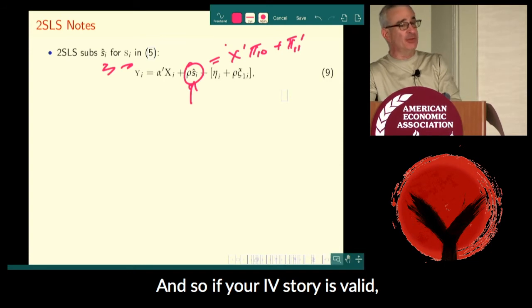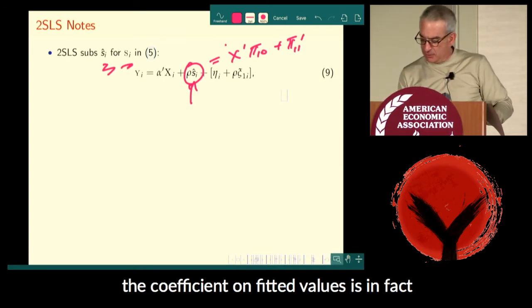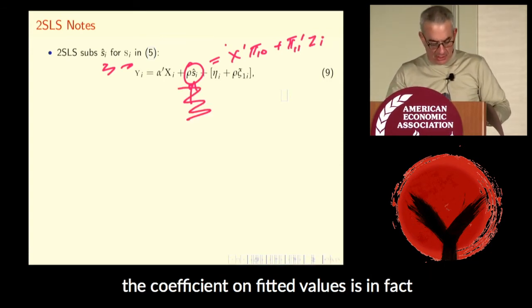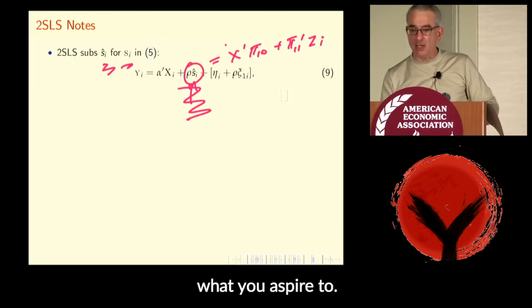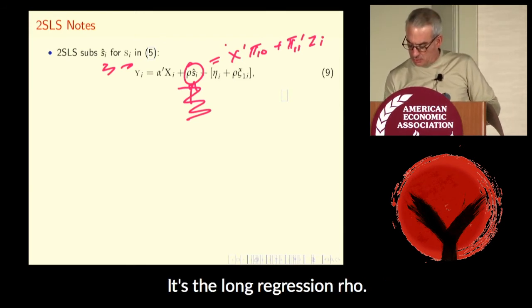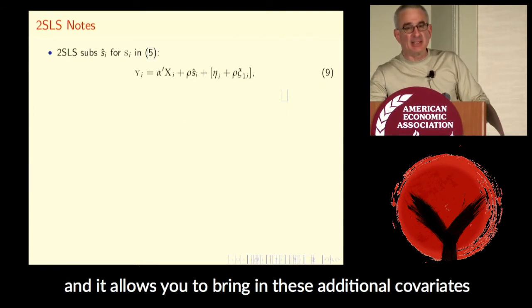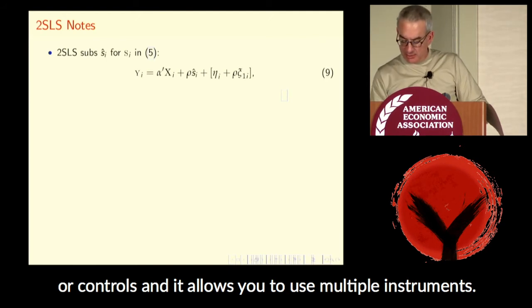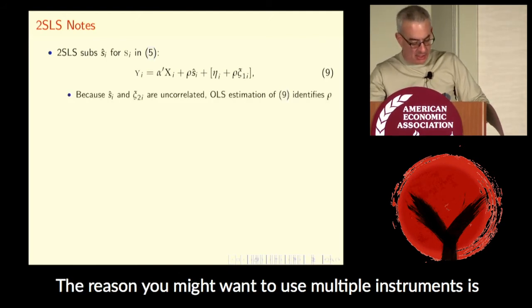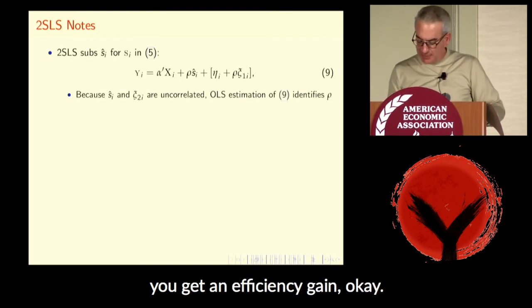And so if your IV story is valid, the coefficient on fitted values is in fact what you aspire to. It's the long regression rho. So this is a nifty way to do it. And it allows you to bring in these additional covariates or controls, and it allows you to use multiple instruments. The reason you might want to use multiple instruments is you get an efficiency gain, okay?